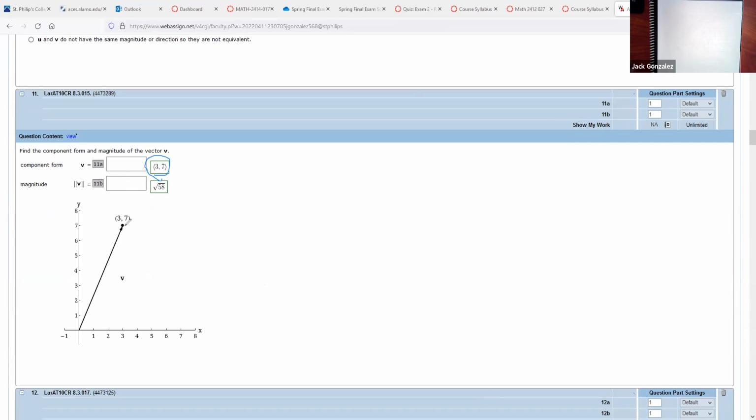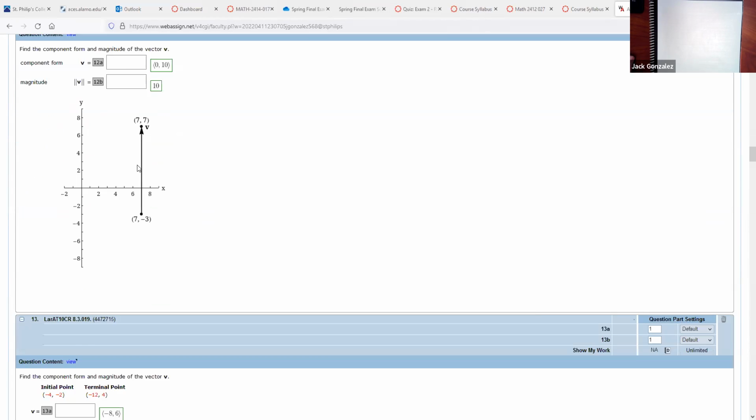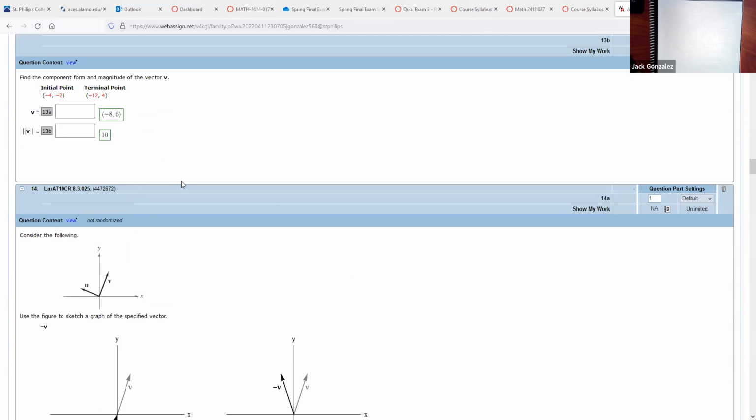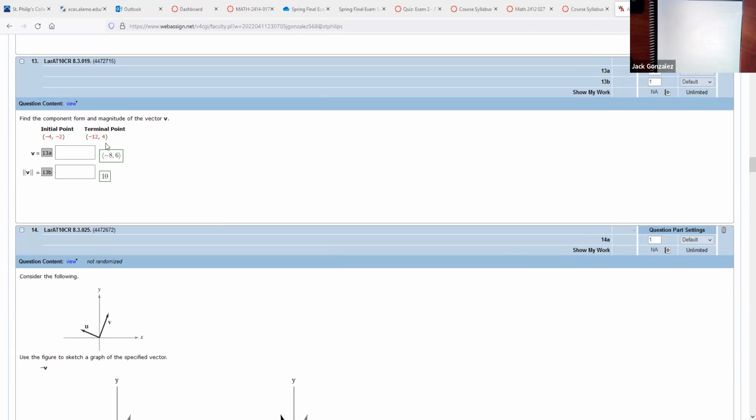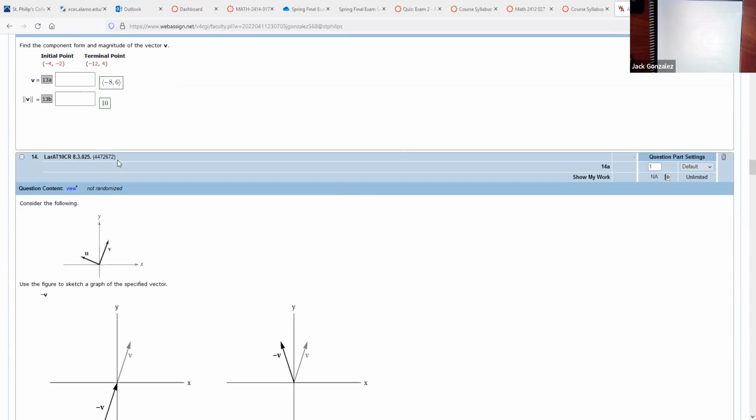So this is the point 37. This is the vector 37. So there's a big difference. Magnitude, you would use the formula we just did earlier. So the first question will be pretty chill. Same thing for 12. 13 is similar to example 1. We just did that.